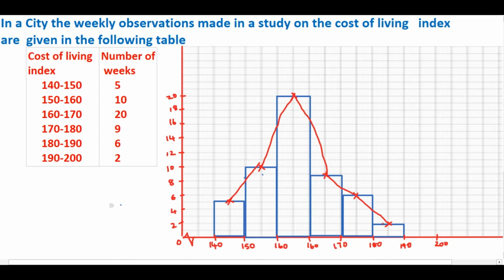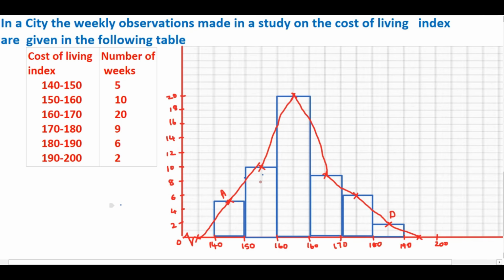And we know that polygon means something which is called a closed figure, but this is not a closed figure. So to make it a closed figure, suppose this point is A and this point is D, you have to join the point A to the midpoint of the preceding class interval. Same way, you have to join the point D to the midpoint of the succeeding class interval. So now you got a perfect frequency polygon.